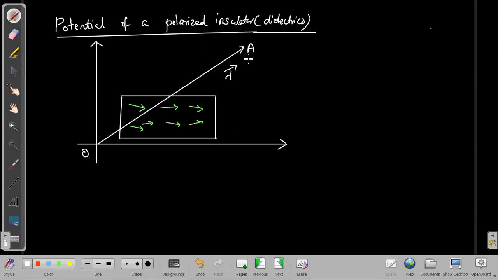We don't have a general expression right now, but recall we have already calculated the expression for potential produced by a physical dipole.